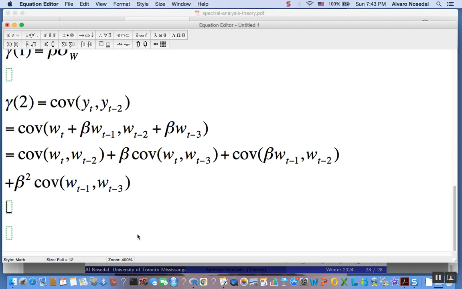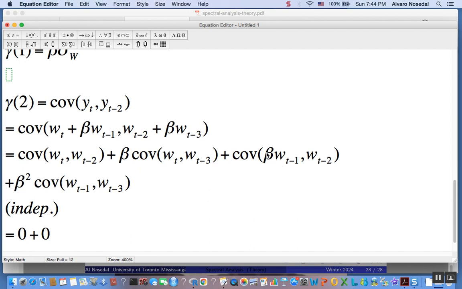Again, just like last time, for the autocovariance function at lag 1, we will use the independence between the w's to simplify that expression. So the first term, W_t, is independent of W_{t-1}, therefore the covariance between them is 0. Then here, same idea, 0, using the independence between W_t and W_{t-3}.